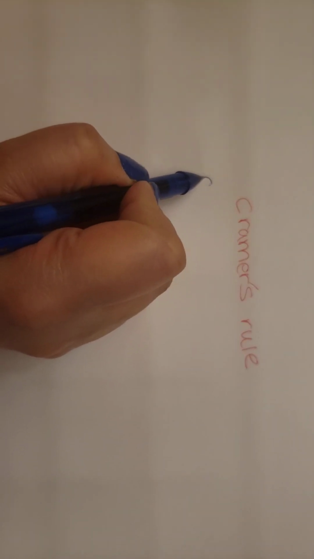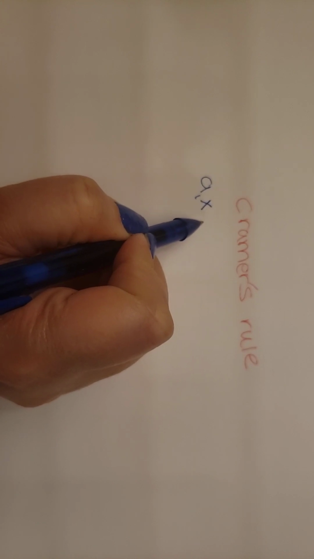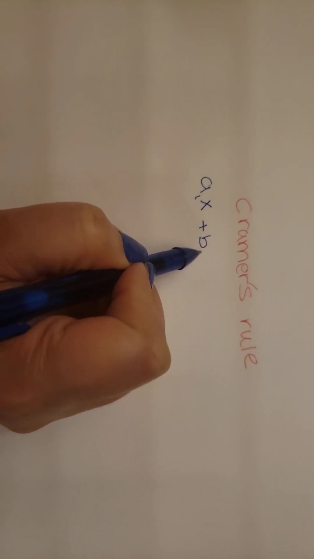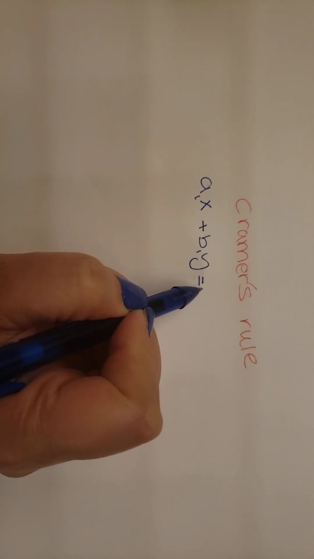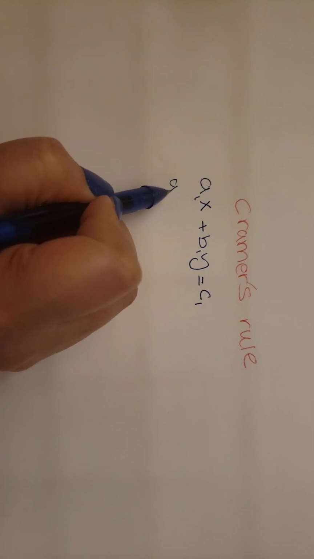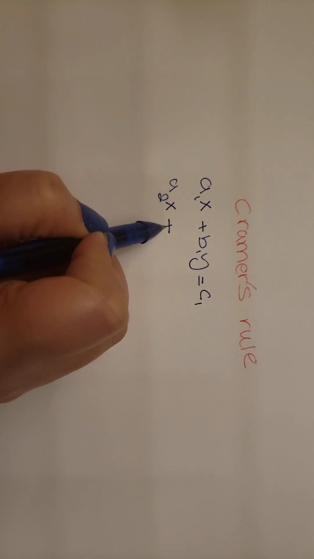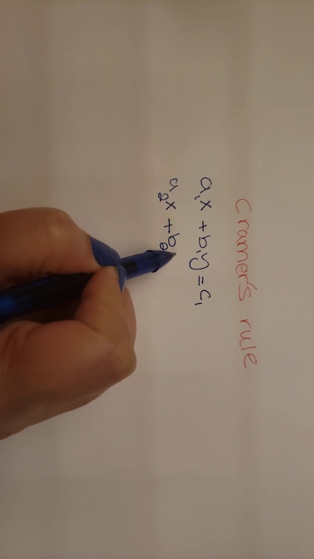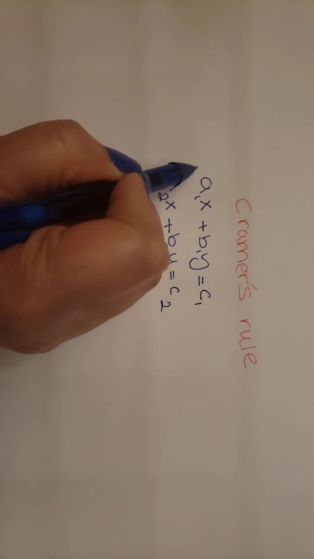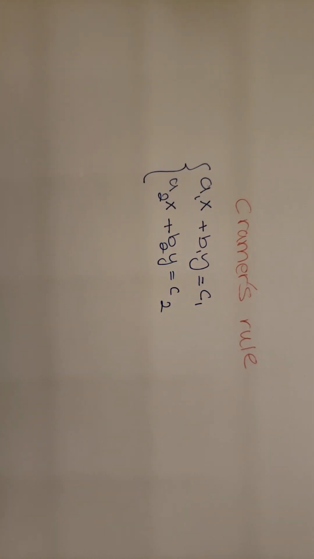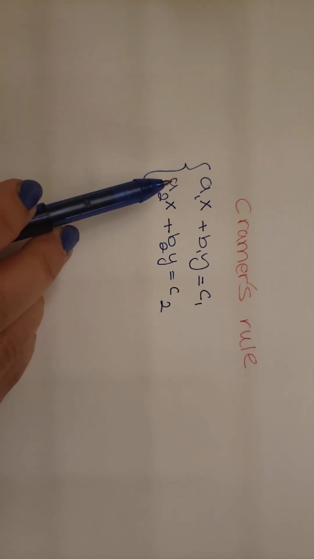Let's assume this is my first equation, and this is my second equation. So a, b, c are the constants or coefficients, okay? And the subscript shows which equation it relates to.